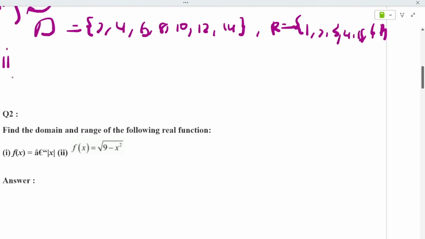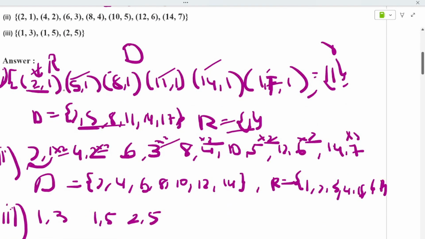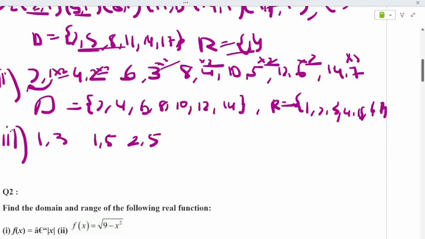Now if we see the third question, they have given (1, 3), (1, 5), and (2, 5). See, there are no unique images. Unique images in the sense that, in the earlier one, all the elements were related to 1. In the second, all the elements had a common rule of multiplying by 2.